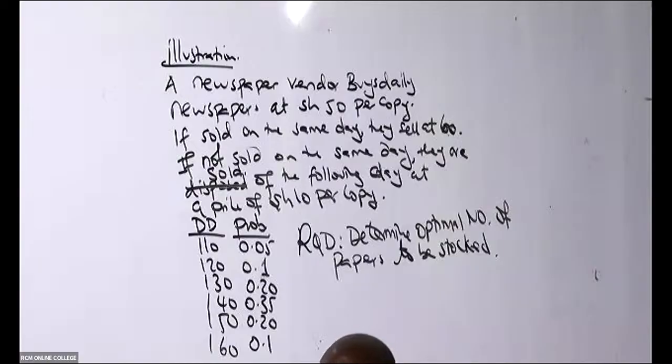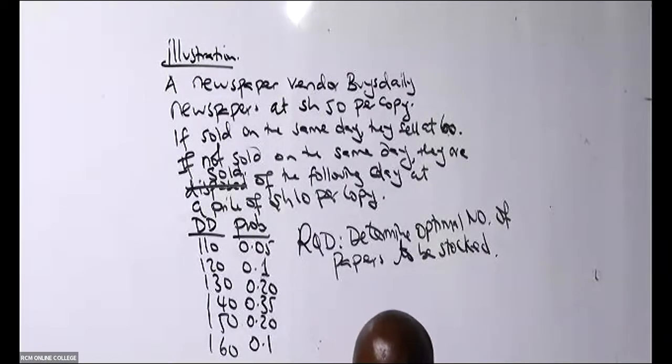So we are told a newspaper vendor buys daily newspapers for 50 bob per copy. If he sells them on the same day, he is able to fetch the normal price of Kenya shillings 60. But in the event that he doesn't sell them today and perishes with them, then we'll get some characters who will buy these newspapers tomorrow for a reduced price of Kenya shillings 10 per copy.